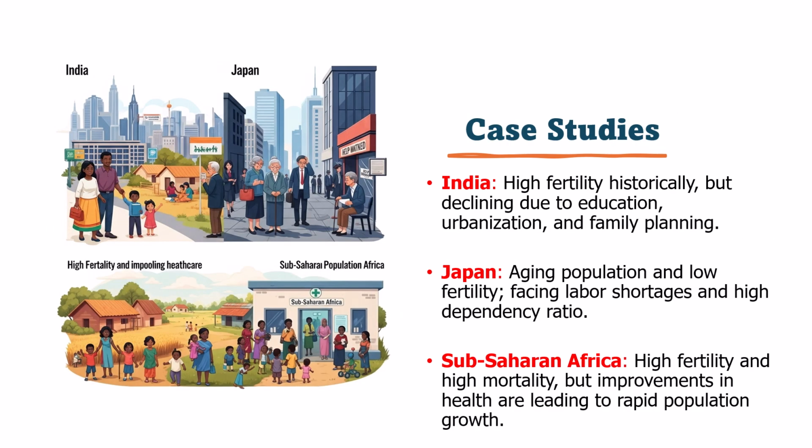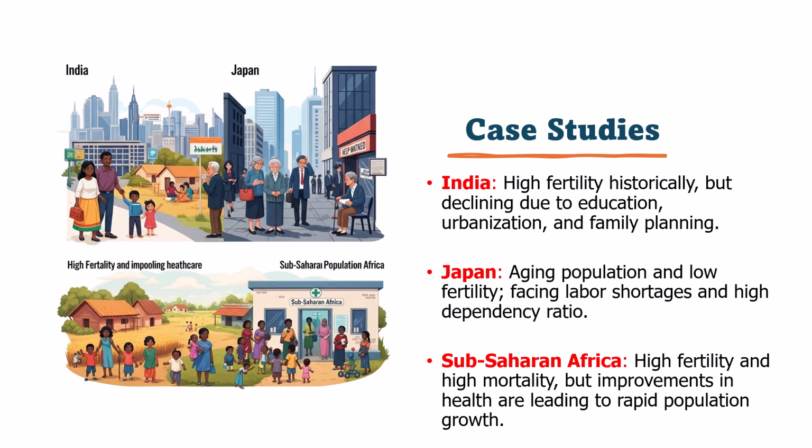Talking about some case studies, which will illustrate how drivers of population change vary across regions. In India, for example, fertility has historically been high, but it is now declining due to improvements in education, rapid urbanization, and extensive family planning programs. Japan, on the other side, presents a contrasting case with very low fertility and an aging population, leading to labor shortage and high dependency ratio.